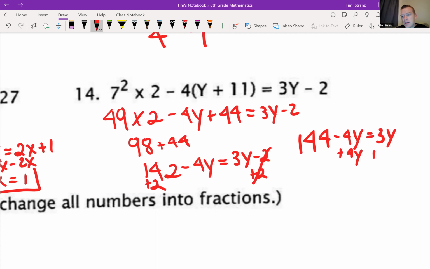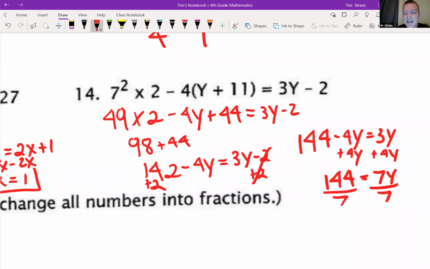Add 4y, add 4y. 144 equals 7y. Divided by 7, divide by 7. And let's see what we get. Man, I made another mistake.